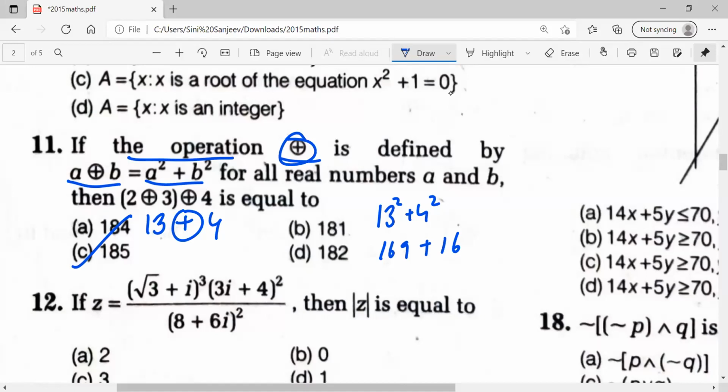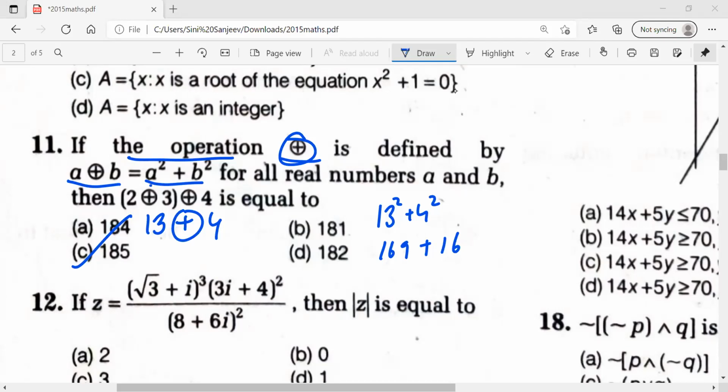Anyone did not understand this? This again comes into the binary operation thing. Yeah, I'll explain one more time. See, the question here is, a exclusive b is equal to a square plus b square.